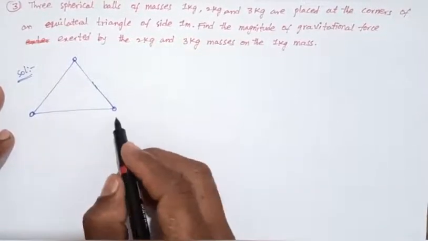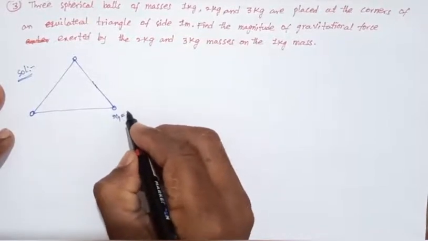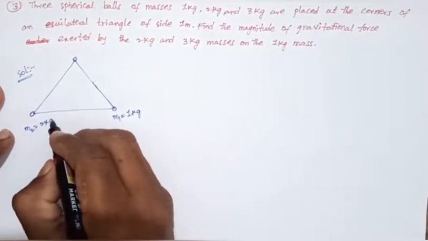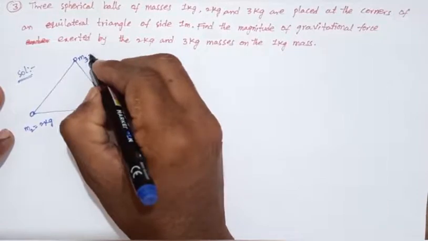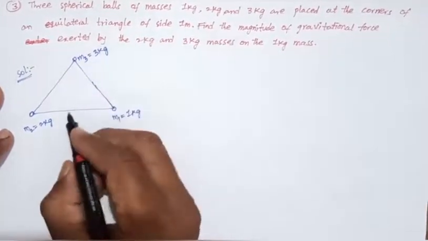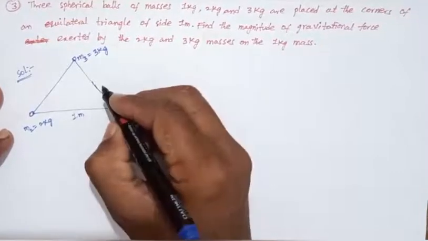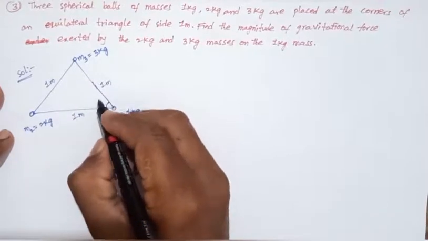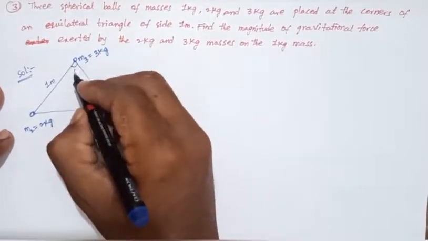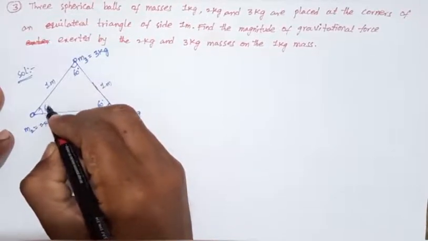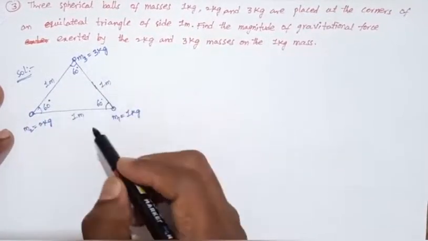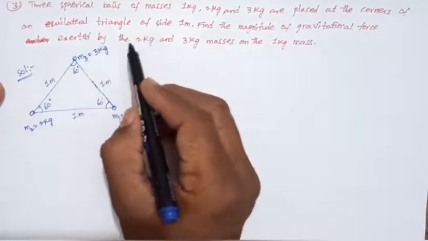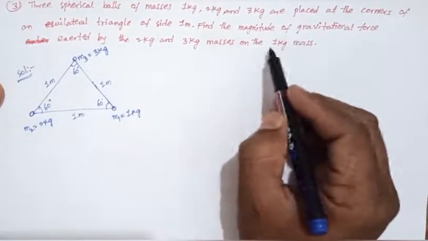Here m1 equals 1 kilogram, m2 equals 2 kilograms and m3 equals 3 kilograms. The sides are the same, 1 meter each. The angle is 60 degrees here, here also 60 degrees, and here also 60 degrees. Equal sides and equal angles. Find the magnitude of gravitational force exerted by the 2 kilograms and 3 kilograms on the mass 1.